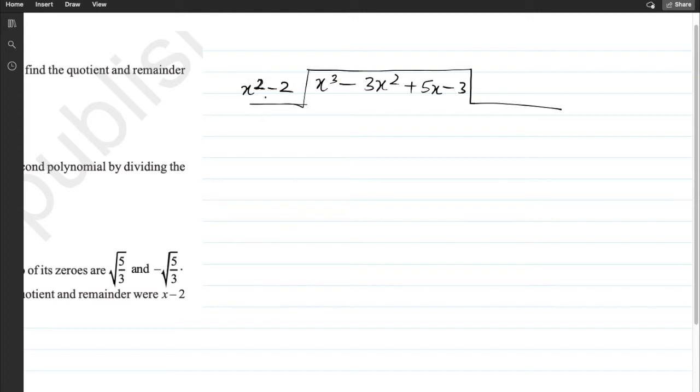Now what we need to do is multiply this expression, x square minus 2, with such a number or variable or quantity that the first term becomes equal to x cube. I just want to eliminate this x cube from here. So I will multiply this expression with x, simple x. Then I get x cube, because x square times x gives x cube.